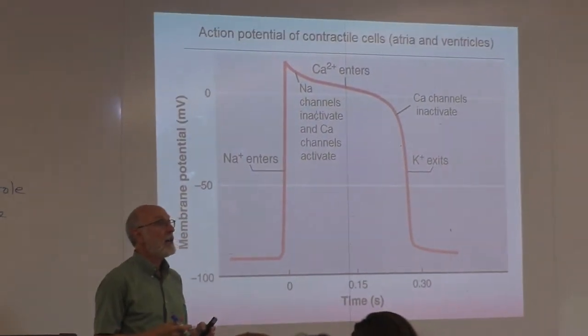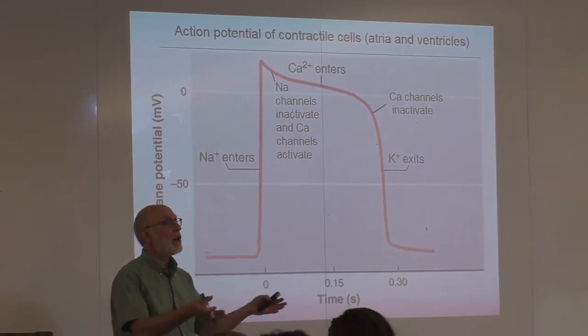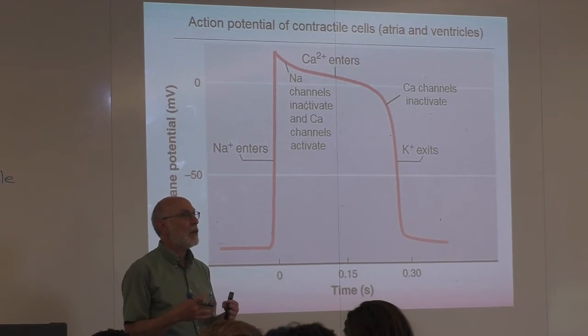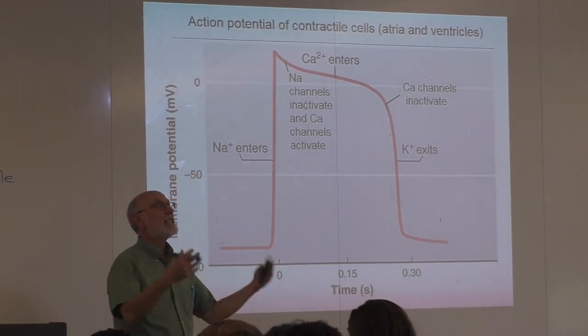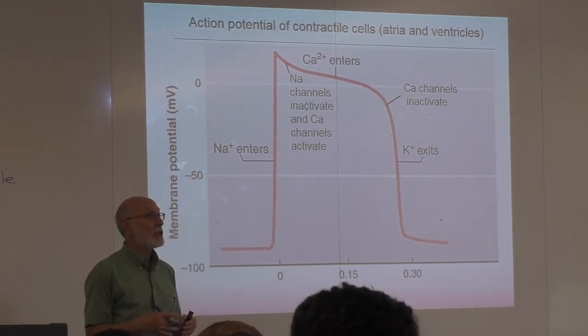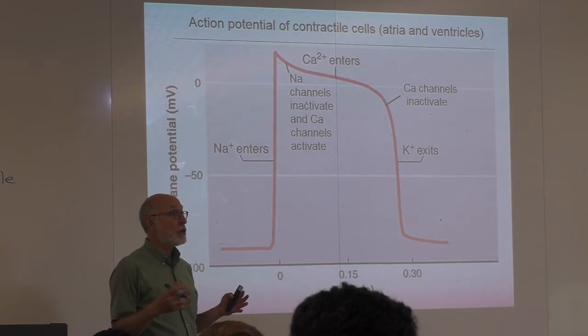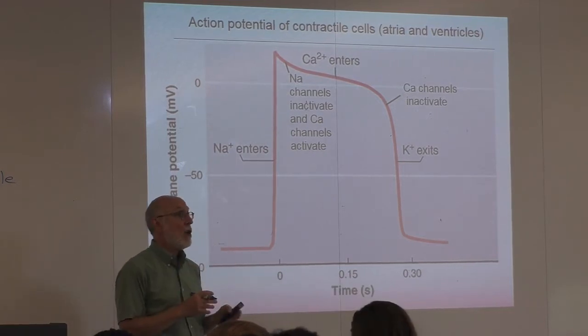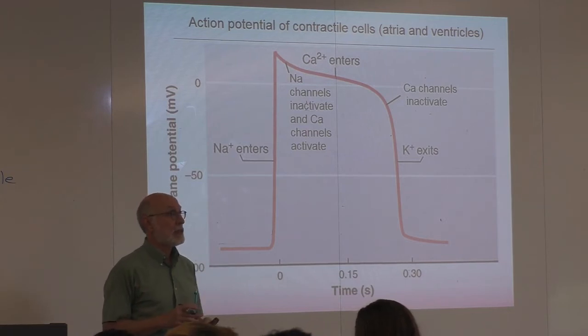The purpose of the delay is to allow the atria to contract and pump blood from the atria. Remember, the atria are receiving the blood, and they will contract a fraction of a second, squeezing that received blood from the atria to the ventricles before the ventricles contract to do the major job of squeezing the blood either to the lungs, in the case of the right ventricle, or to the body, in the case of the left ventricle.